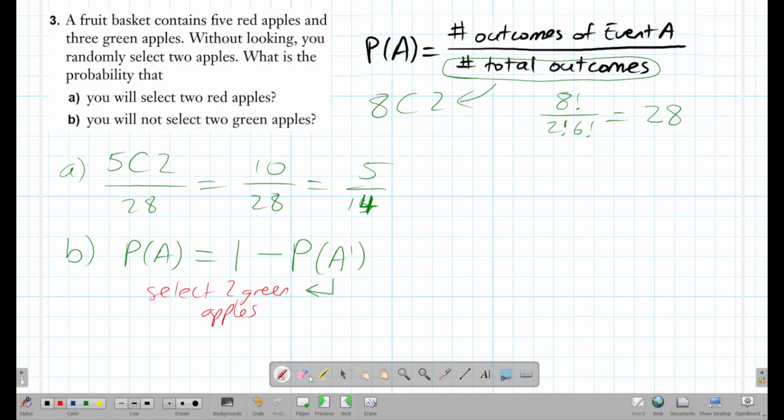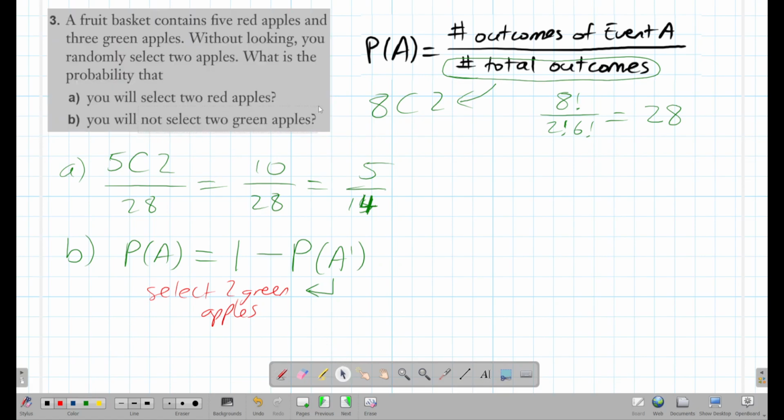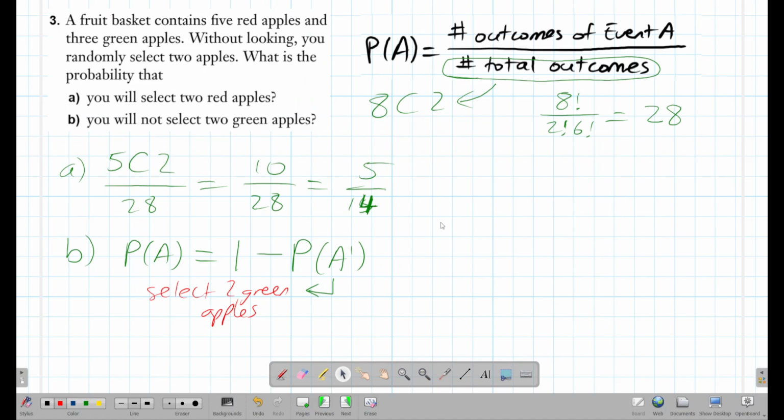The reason we want to do this is that if we consider not selecting 2 green apples, then we need to consider a few cases. One, you select a red apple and a green apple, and two, you select 2 red apples. Generally, you don't want to do that when you can save yourself some trouble and just consider one case, which is selecting 2 green apples. So we're going to just use the complement trick.